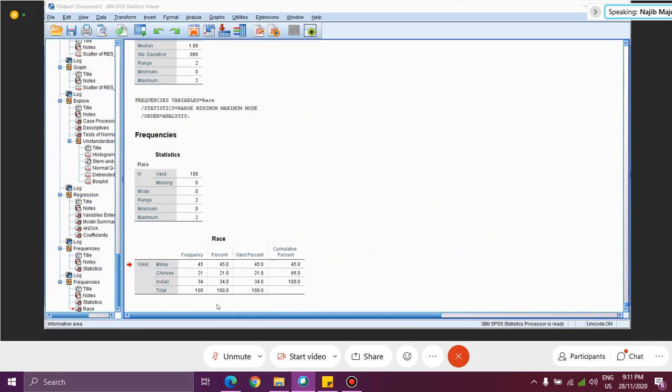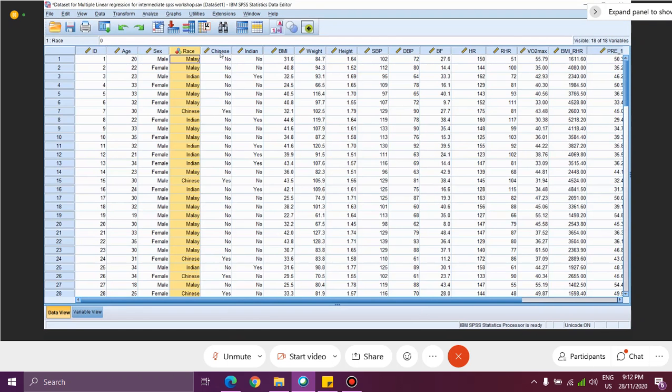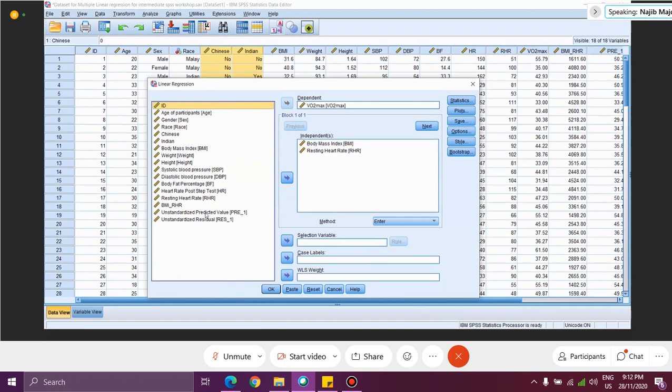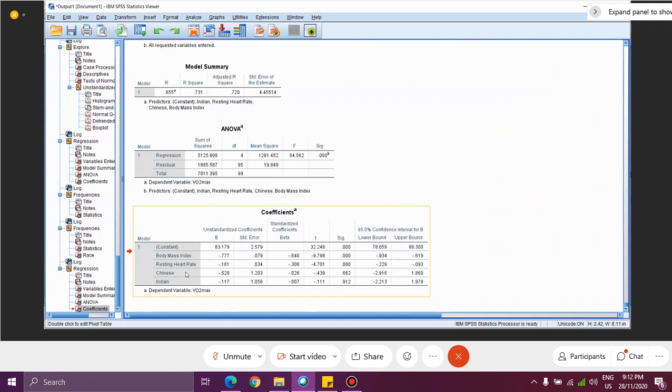So just create two additional variables: one for Chinese, yes or no, and one for Indian, yes or no. You include these two variables in your analysis, which indicates that the first group, the Malay group, is the reference group. So this one is Chinese compared to Malay, and this one is Indian compared to Malay.